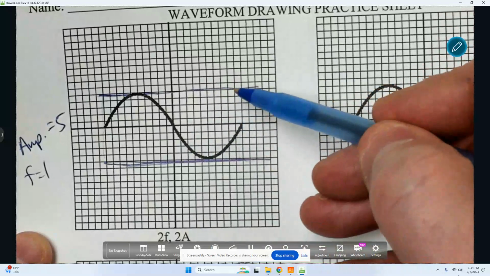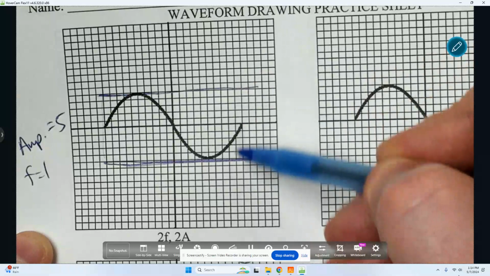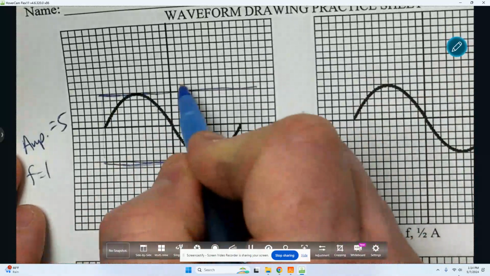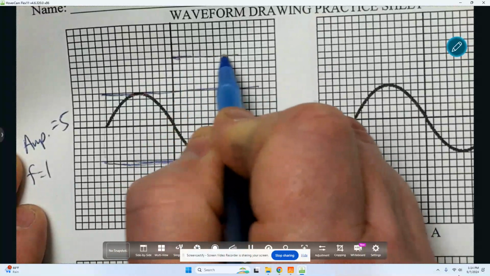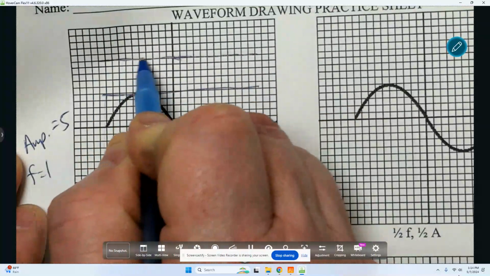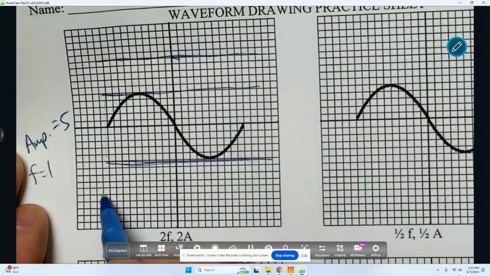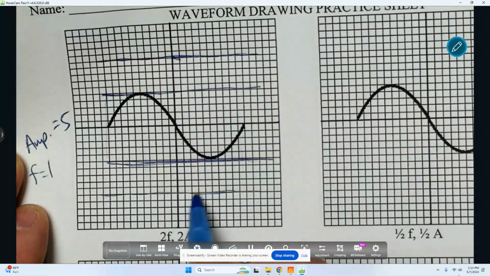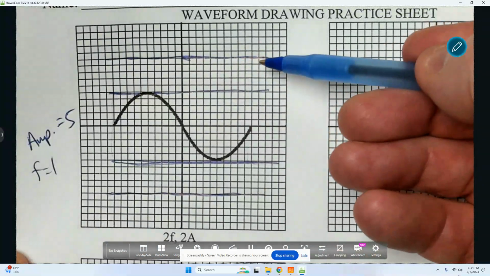So instead of being bound between 5 and -5, I'm going to be bound between 10 and -10. So I'm just going to put some lines here, 6, 7, 8, 9, 10. I'm just going to draw a new set of boundaries. The waveform that I'm going to draw now is going to be bound between 10 and -10.